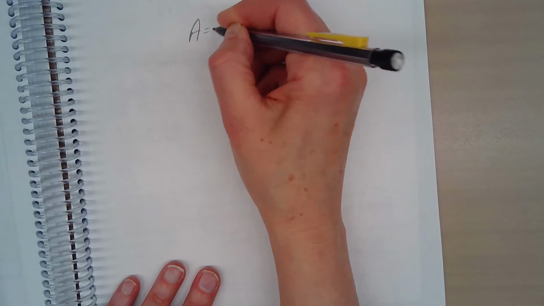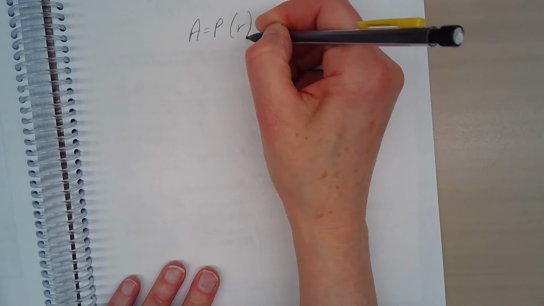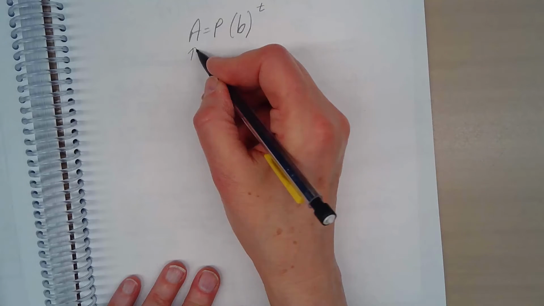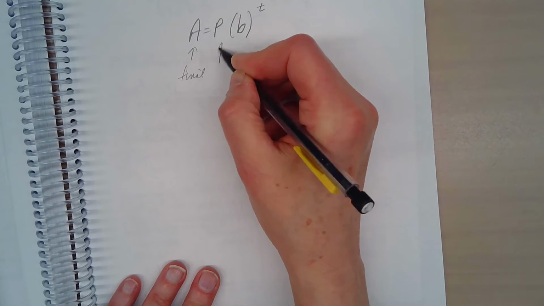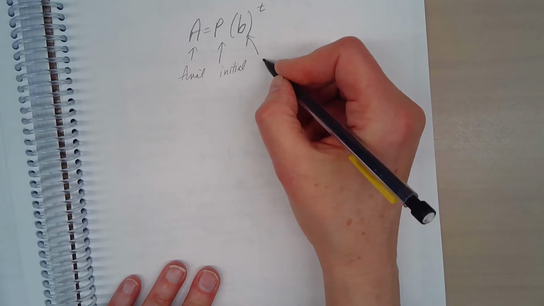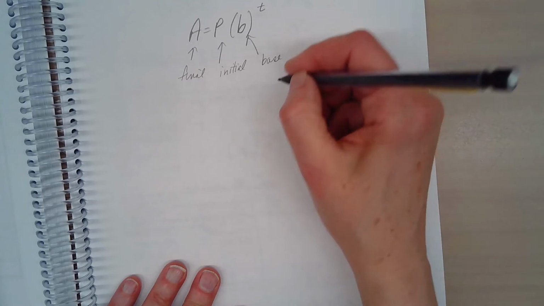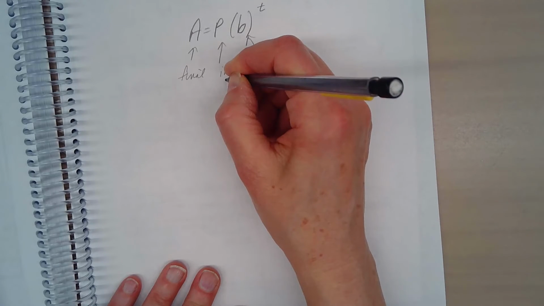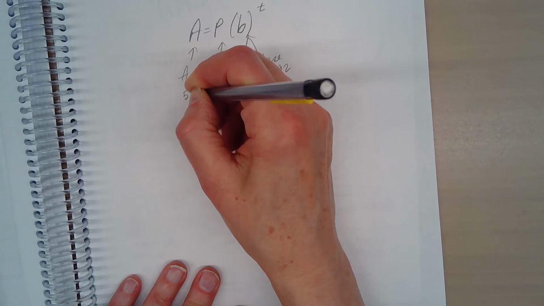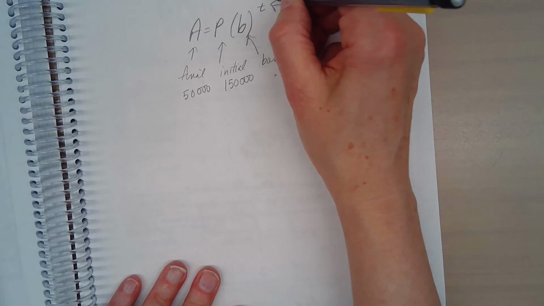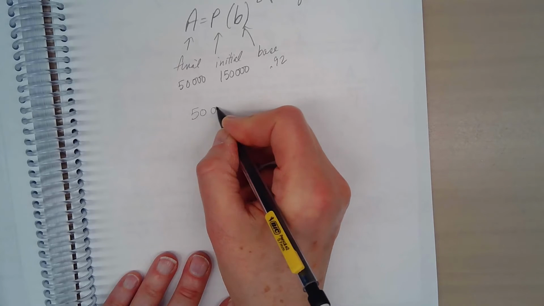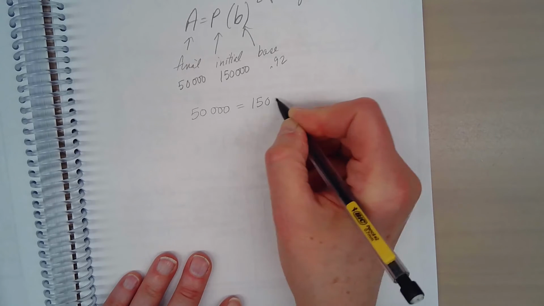A equals P times R to the T. The base, the final, the initial, the rate of growth, the base of growth is 0.92. This is 150. This is 50. And this is my time, my number of years. So this way works for sure, but it should work the other way.